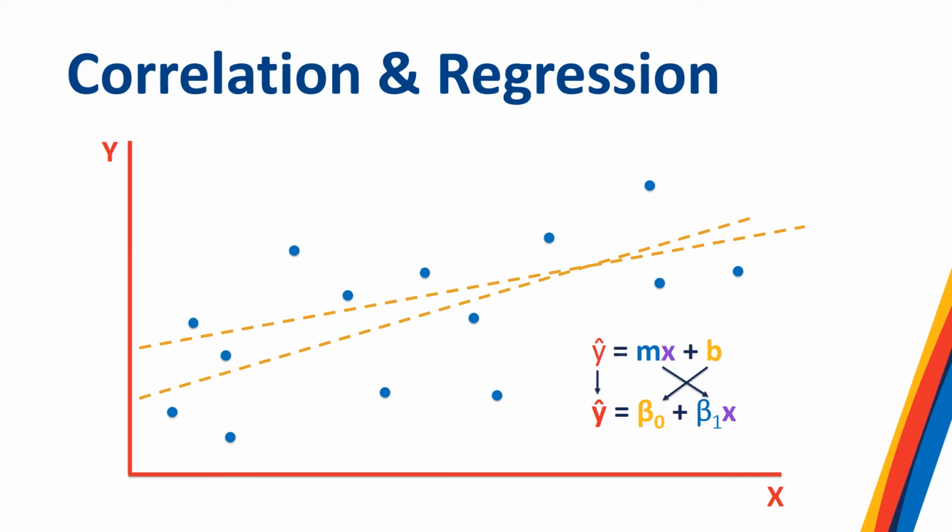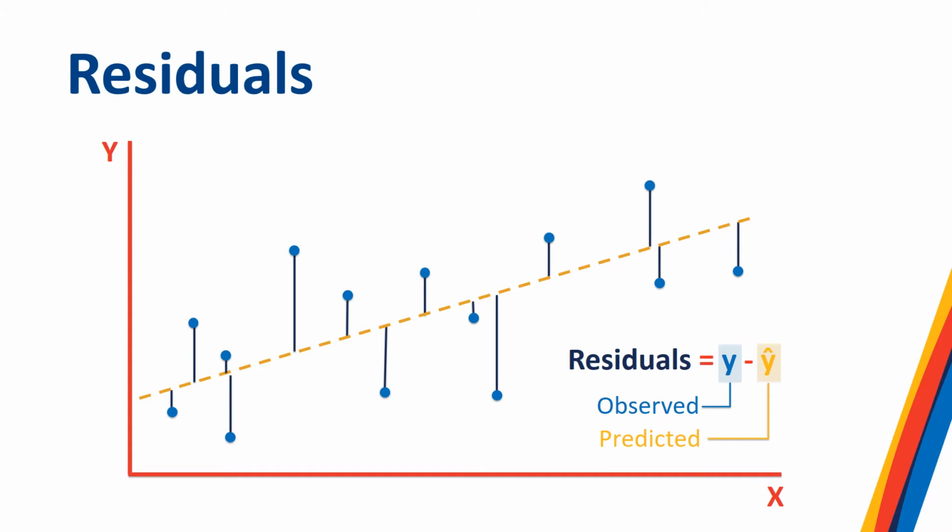You can see that these two lines here on slide 2 are different equations attempting to describe this data. But as you can imagine, one of these lines is probably better fitting, and so we often talk about what we call the theoretically best fit line. On slide 3, you can see that we determine the best fit line by taking into consideration the residuals, or in other words, the difference between the predicted y value and the observed y value for any given level of x.